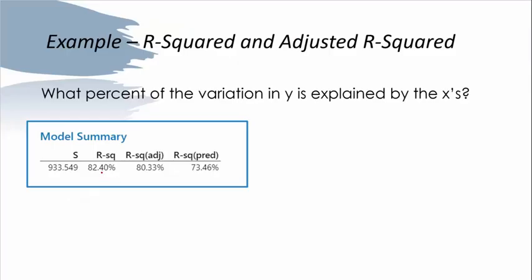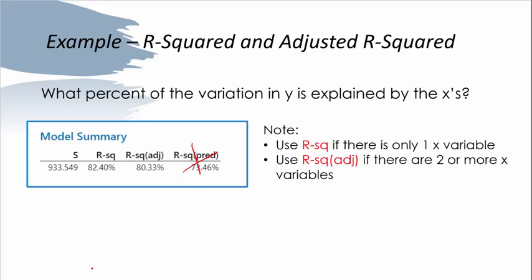You'll see on this screen an R-squared adjusted, and an R-squared predicted. We are not going to use the R-squared predicted. We are going to use the R-squared and the R-squared adjusted, and here's a note on how to do that. Use the R-squared if there is only one x variable in your equation.